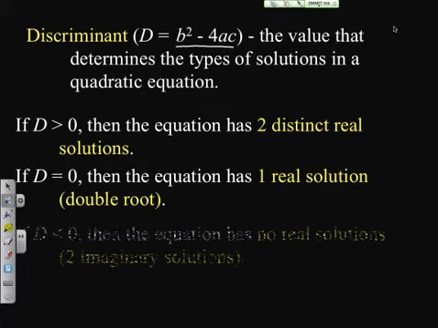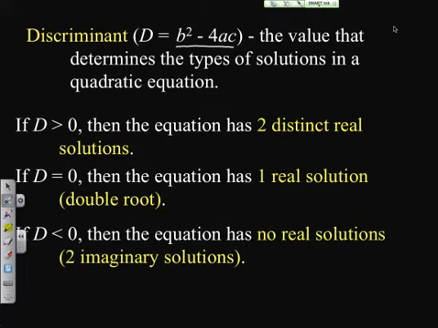In that case, you would have been able to factor. If d is less than 0, or negative, then the equation has no real solutions. It has 2 imaginary solutions. That's the situation we just had in this last example.